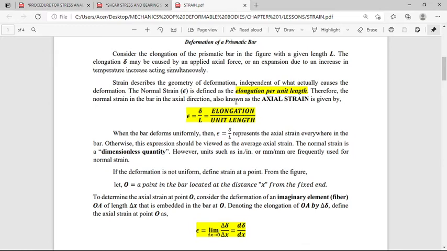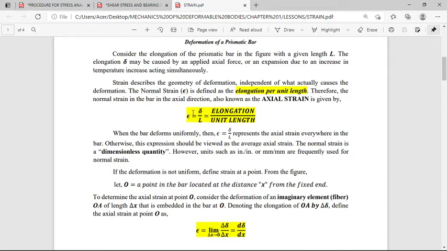Diba, sinabi ko, we use units of length like millimeters. Kasi napakaliit lang naman ng deformations, kagaya ng elongation and compression. Sometimes, it can't be viewed by the naked eye.